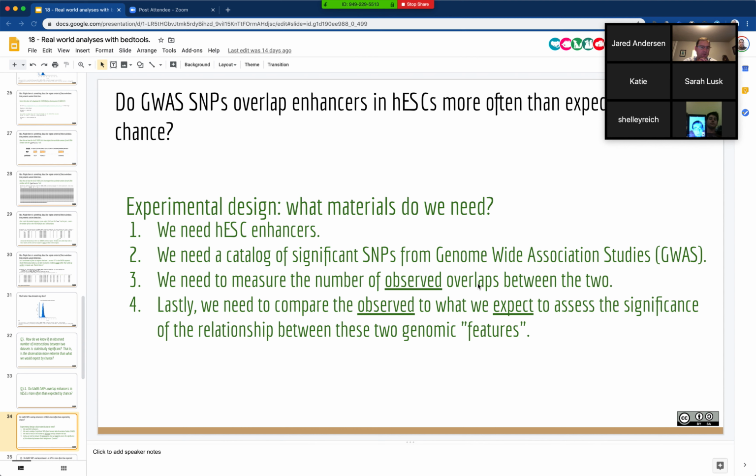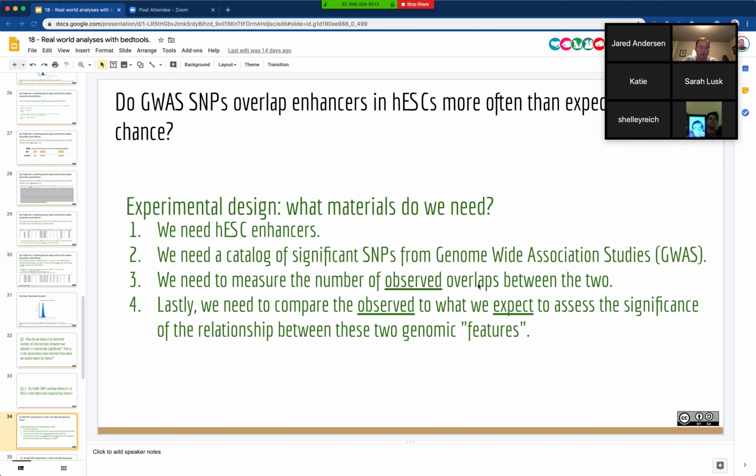But then we go on to find that, well, actually, any random set of SNPs or any random set of enhancers are going to overlap at about 100 overlaps. That tells us that what we observed is actually not all that interesting. It's exactly what we'd expect by chance, so there's really nothing to publish there.